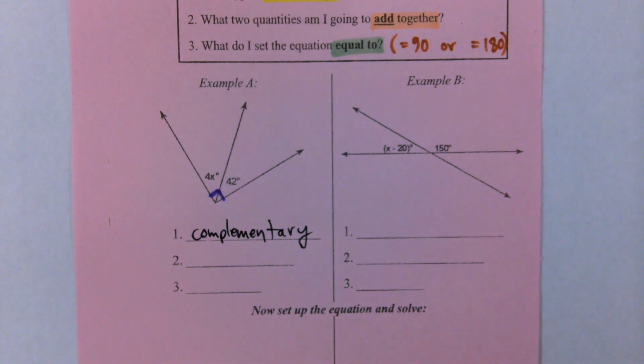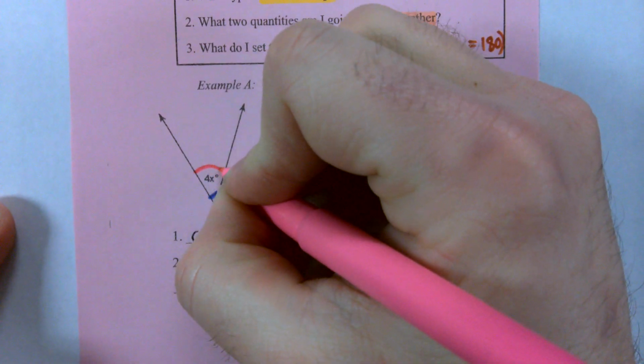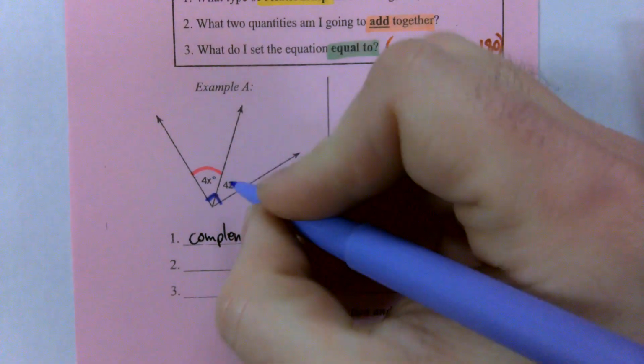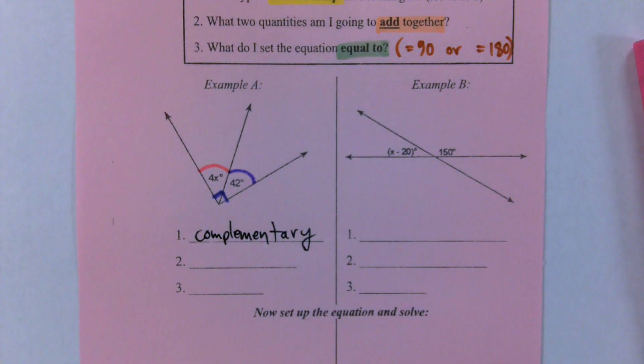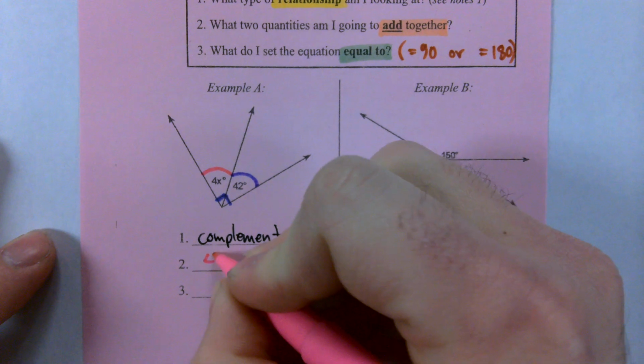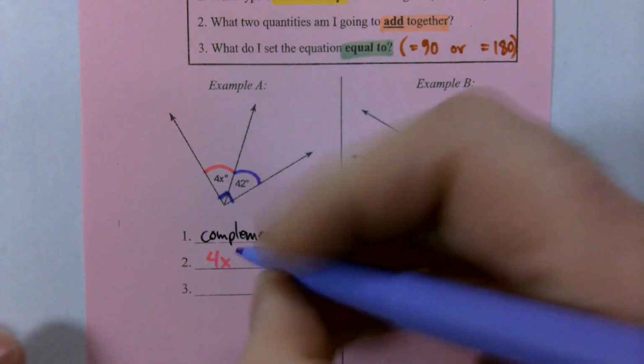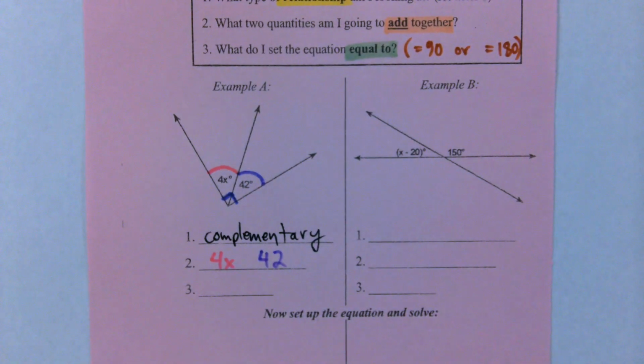Well, we're just going to take the 2 quantities that we're given. This question is not really necessary when we think about it, because there's only 2 quantities here, 4x and 42. So we're going to add together 4x plus 42.